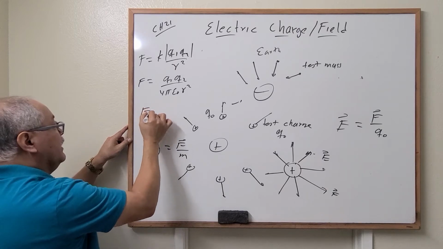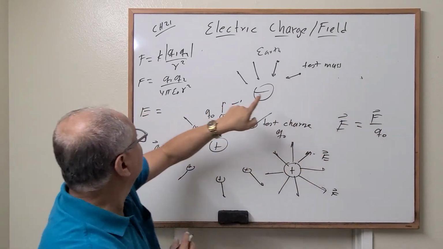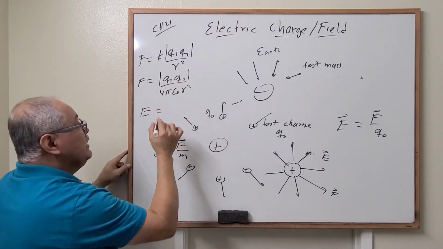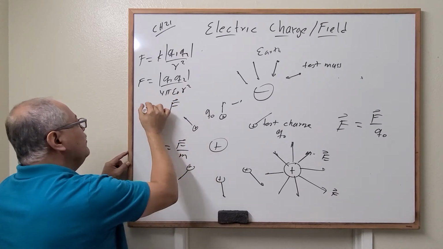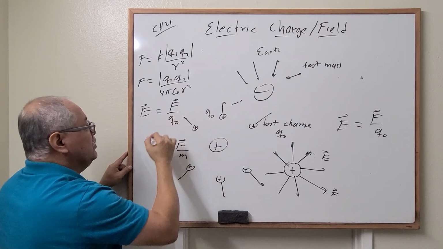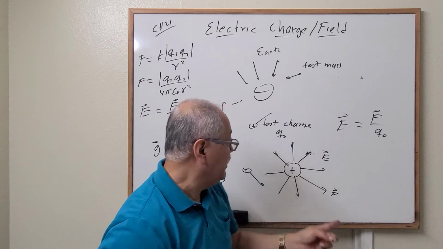And we usually have the same thing as for the forces, because for the forces we have the magnitude. Well, we can use vectors for the moment, divided by the test charge. Okay, this is the electric field for a positive charge.